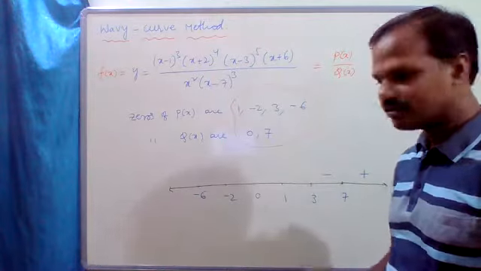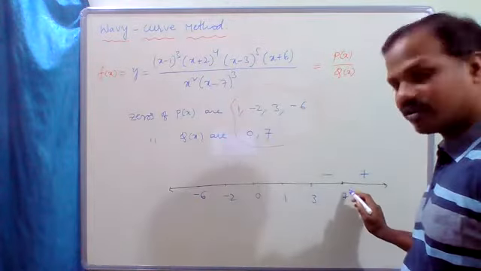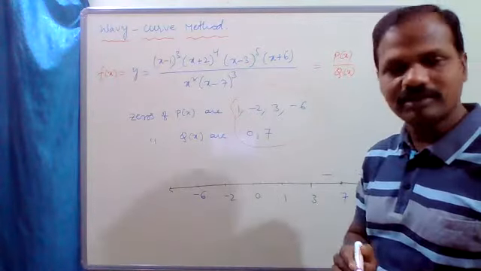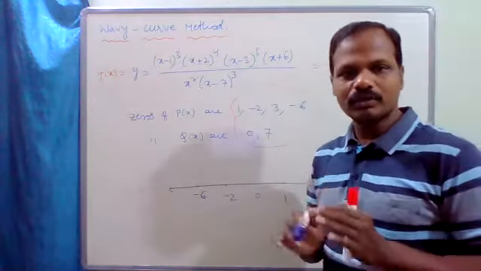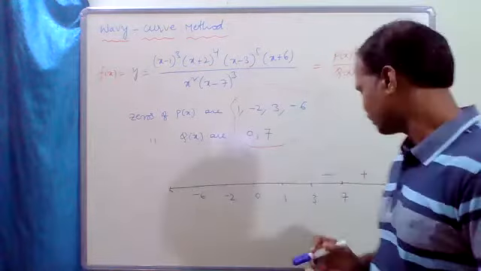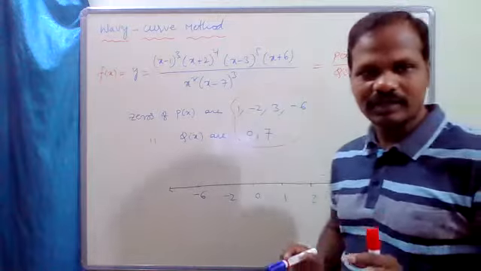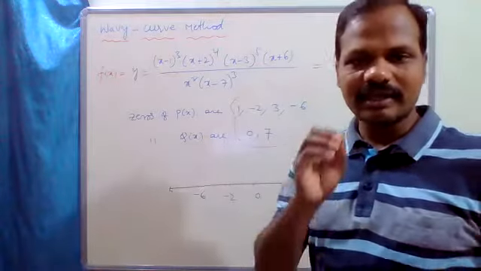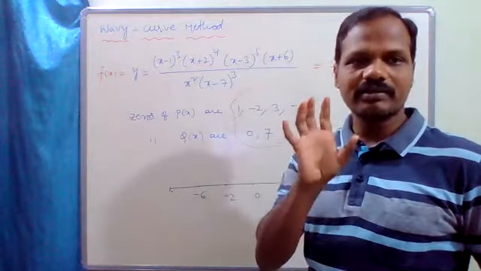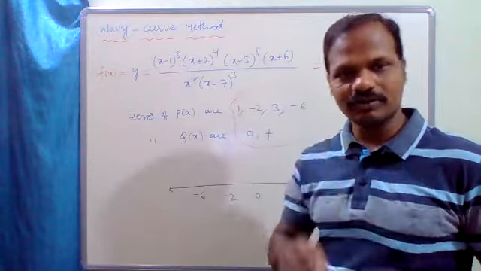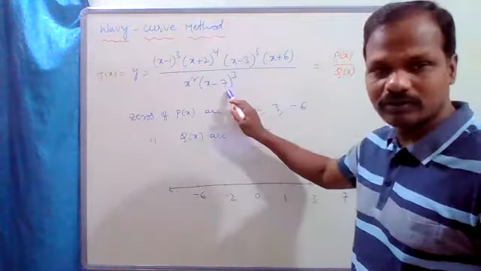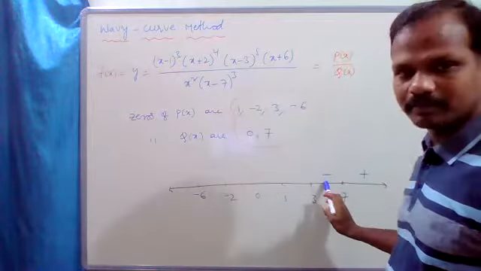Since the power of this root is odd, that is called a simple root. If the power of the root is even, then it is called a double root. If odd power, it is called a simple root; if even power, that root is called a double root. Now since 7 is a simple root, the opposite sign will come.